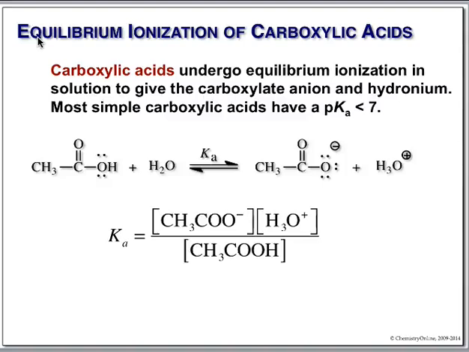Therefore, this equilibrium constant is typically very small. The products over reactants is about 10 to the minus 5. That means maybe a 1,000,000 to 1 ratio or something like that for this to this. Almost all of it is present as the acetic acid, a little bit of hydronium and acetate.